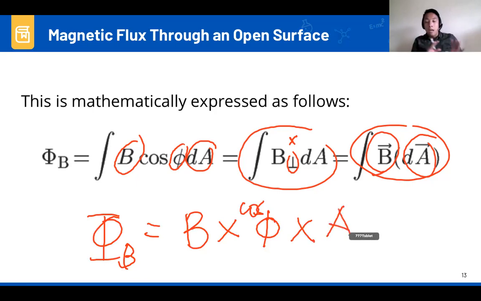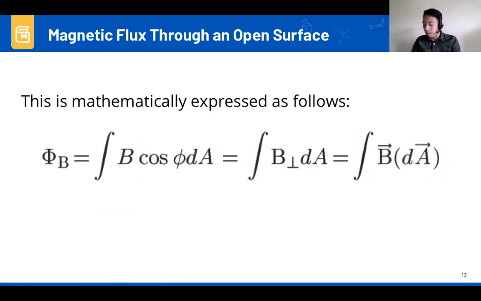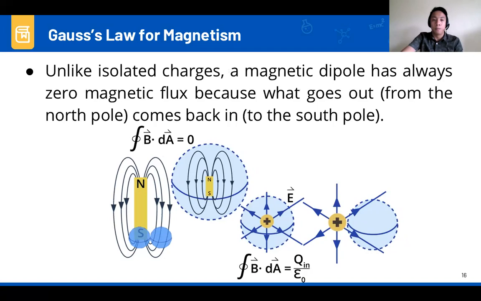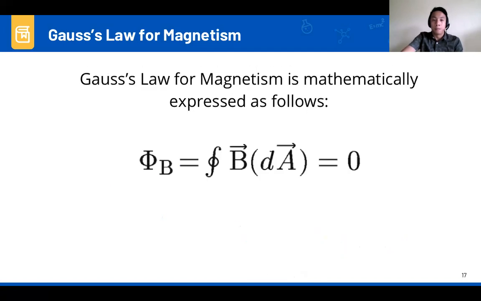Okay, so you will just multiply all of those and then you can find now the electric flux, or magnetic flux, I should say. Okay, let's try some examples. Let's do examples before we proceed, because this one is the final one.